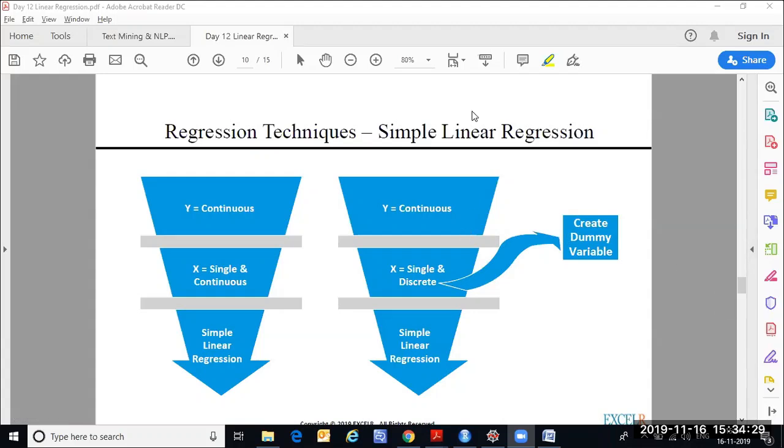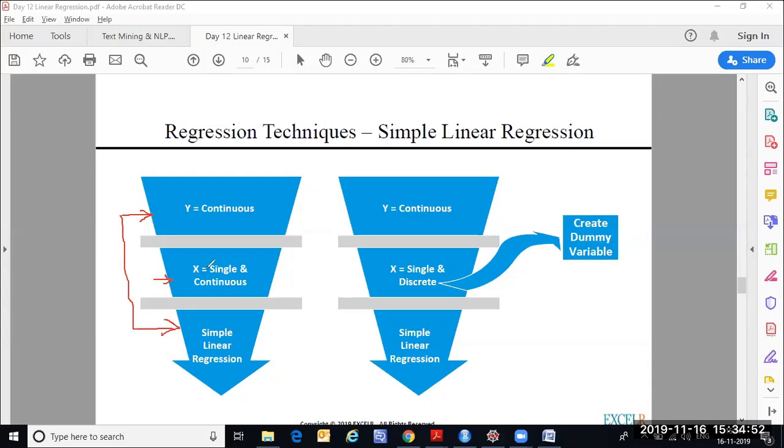So as I told, when y is continuous, that's when we go for linear regression. But at the same time, when y is continuous and x is a single variable and x is also a continuous variable, then we go for simple linear regression.